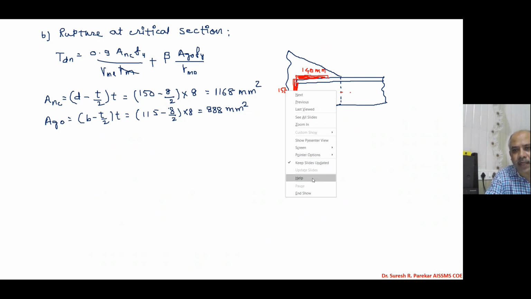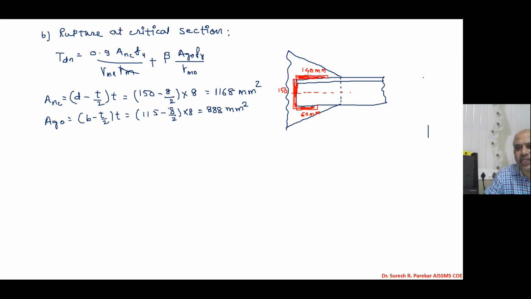If you plot the cross section of this, you will have the gusset plate in this fashion, and then the angle section is connected to it. So we have this leg, and the connection we have over here. This leg we have 150 and the outstanding leg we have 115.